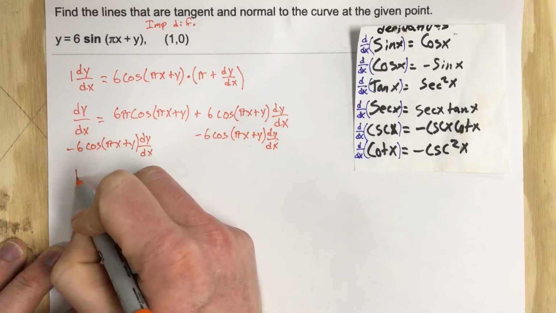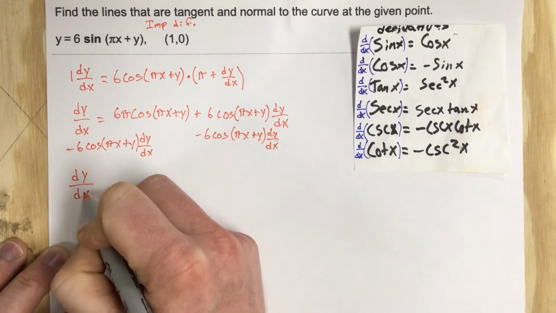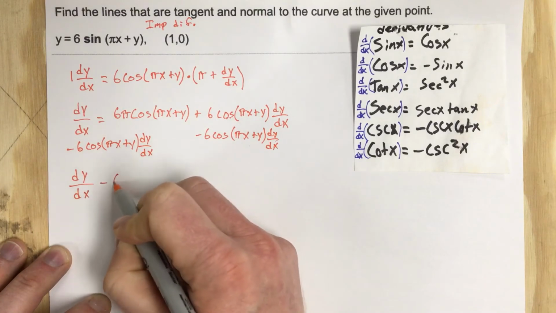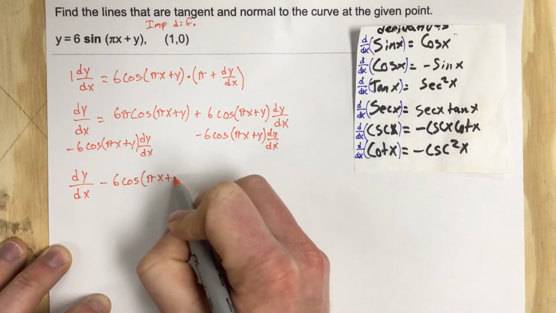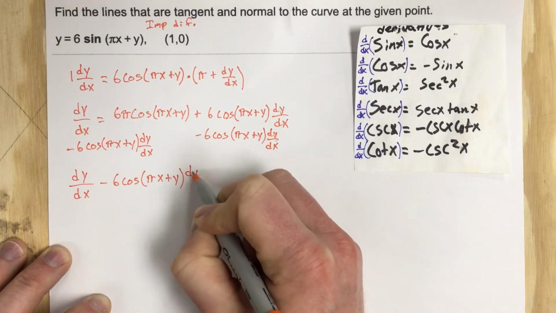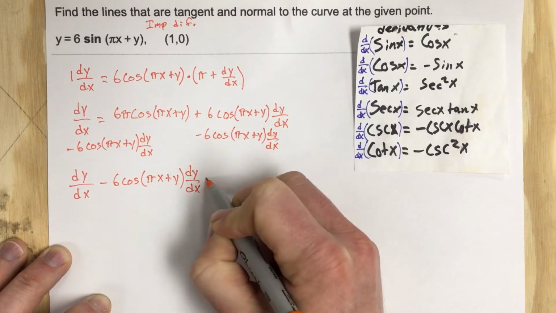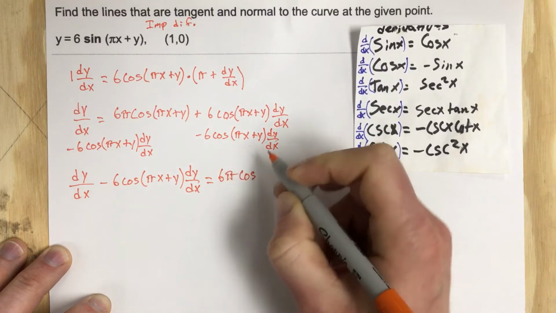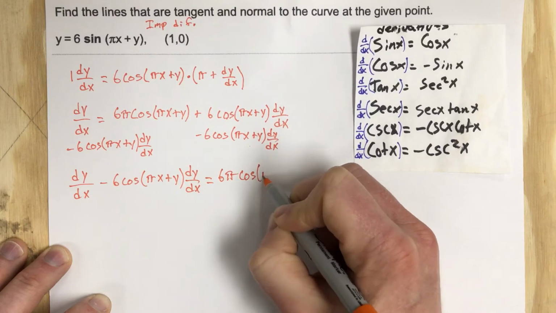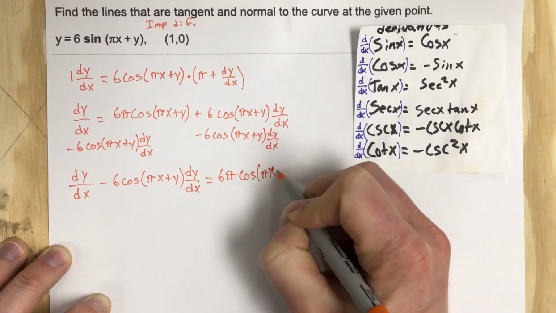And we end up with dy over dx minus 6 cosine pi x plus y dy over dx equals 6 pi cosine of pi x plus y.